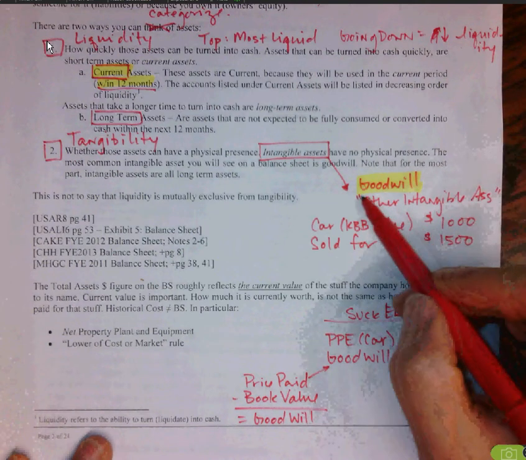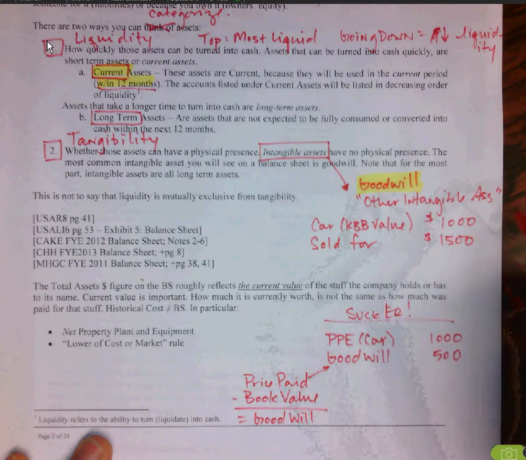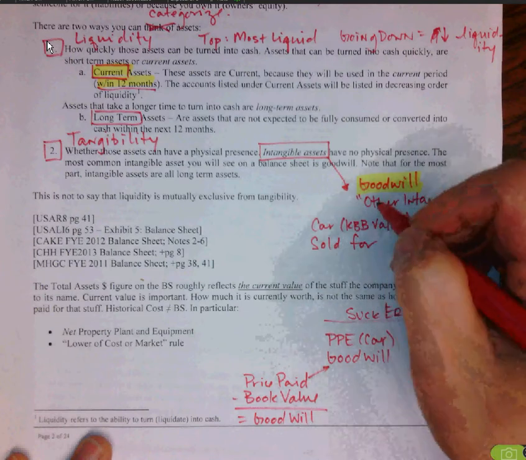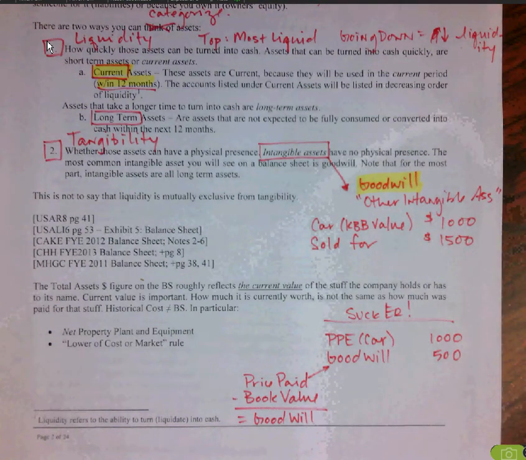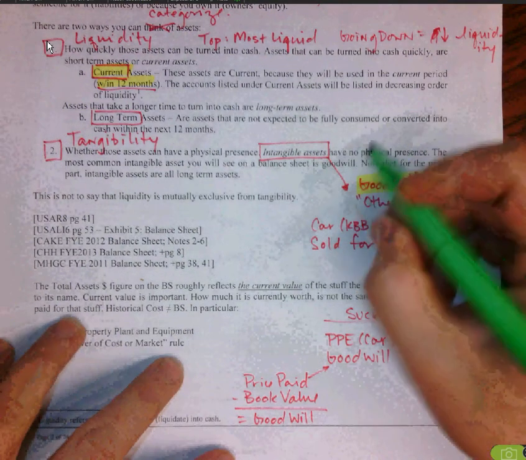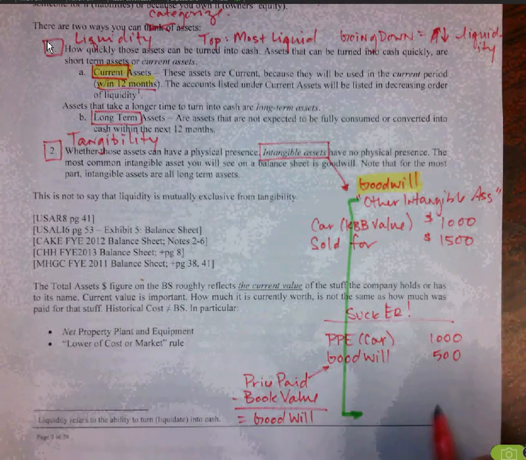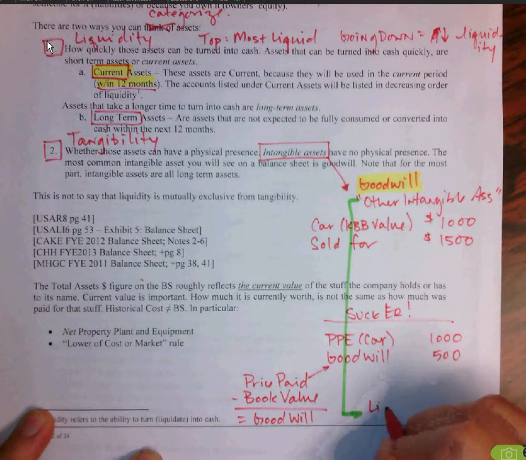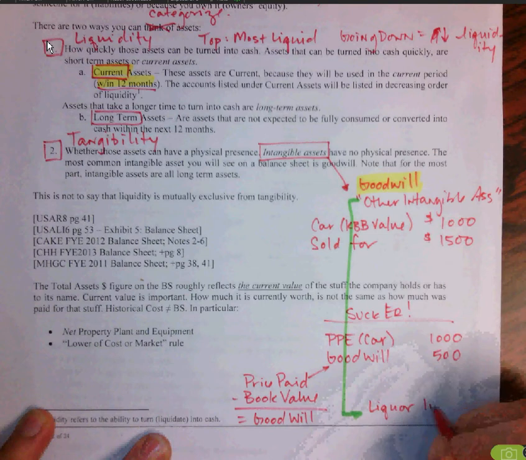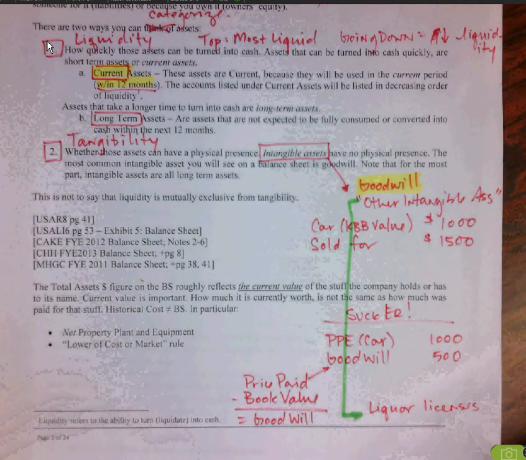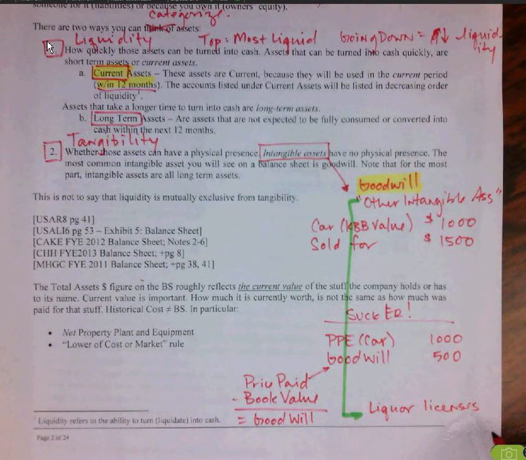Now, other things in this bucket of other intangible assets may not be something like goodwill. What you'll generally find here is that for restaurants, liquor licenses are intangible assets. I'm not talking about the liquor sitting behind the bar and on the shelves that I'm ready to sell, or the wine cellar.